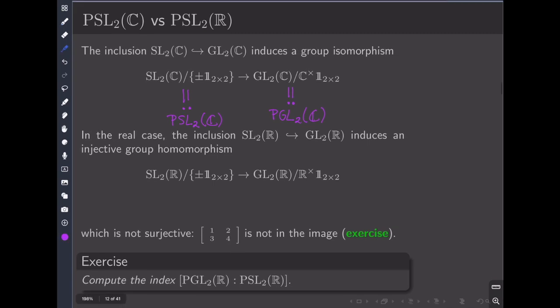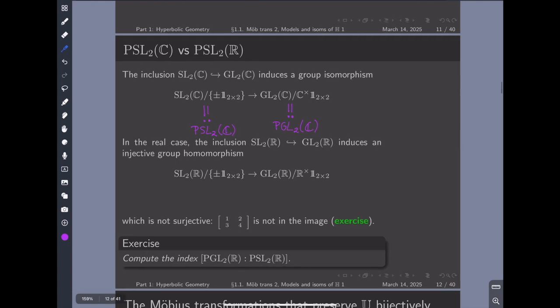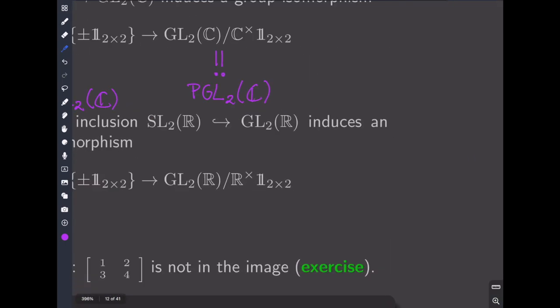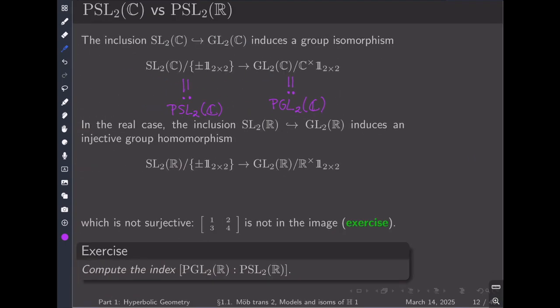This is easy, especially if I just give you a matrix not in the image. Pretty much the point is that the trick that works for GL2C may force you to divide by an imaginary number. So it doesn't work for GL2R.